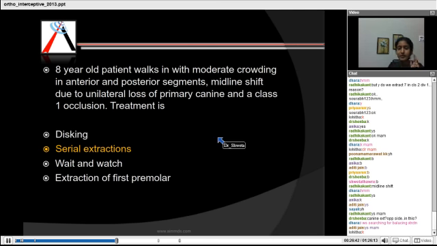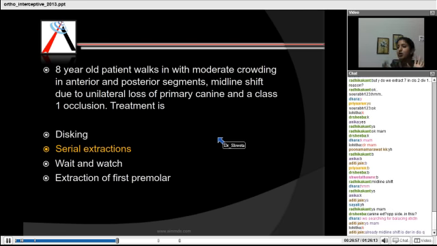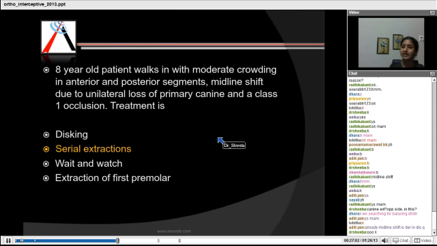See, that's what I said. When I told you the question of canine, what I said was, only 5-3 is lost, but the patient does not have crowding, the patient does not have any other problem except loss of 5-3. In that case, you do a serial extraction of the opposite canine to prevent midline shift.